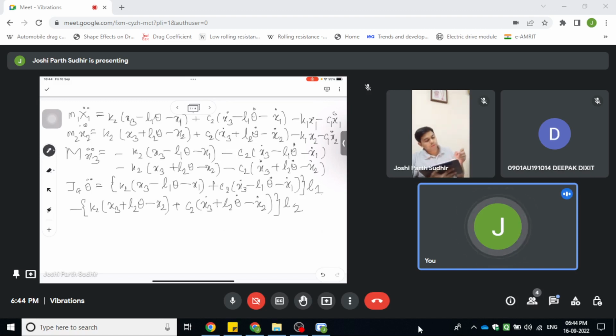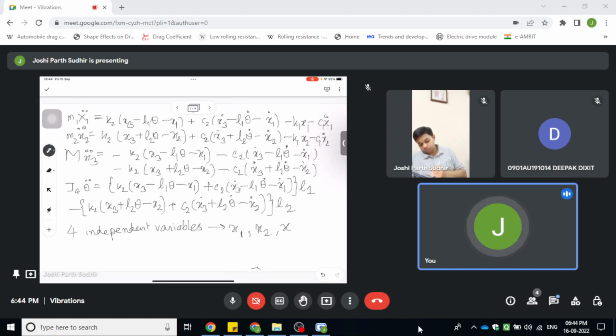So we have four equations, so basically four independent variables x1, x2, x3 and theta. So we have 4 degrees of freedom.